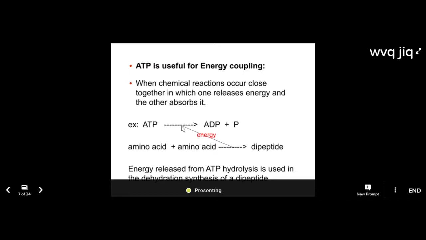The energy released from that reaction, which is exergonic, goes to help this endergonic reaction. Putting two amino acids together is an energy requiring process. So if you couple hydrolyzing ATP, which releases energy, with putting two amino acids together, which is an anabolic reaction, which needs energy, and they happen right side by side inside the cell cytoplasm, that's called coupling.